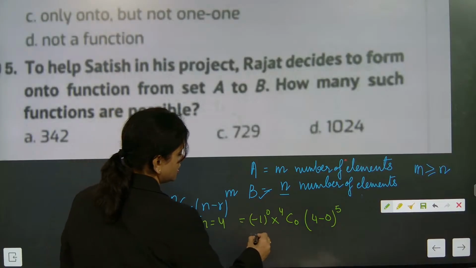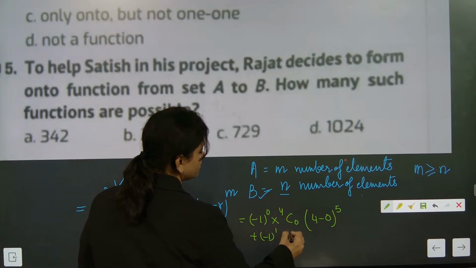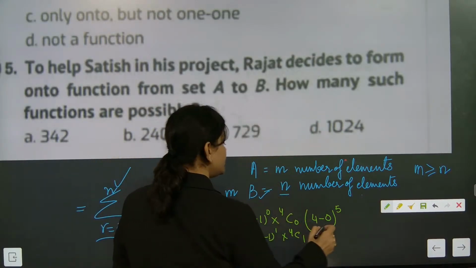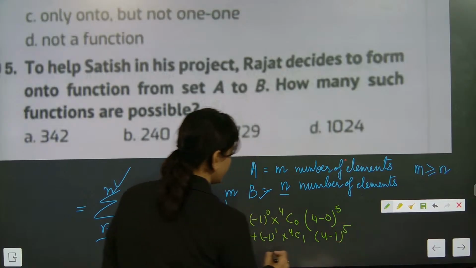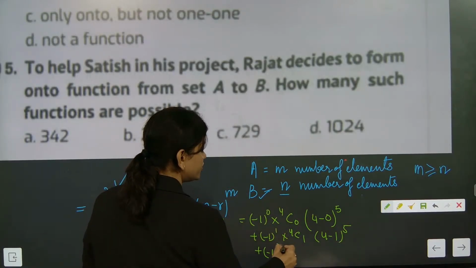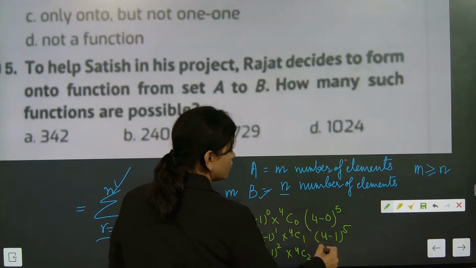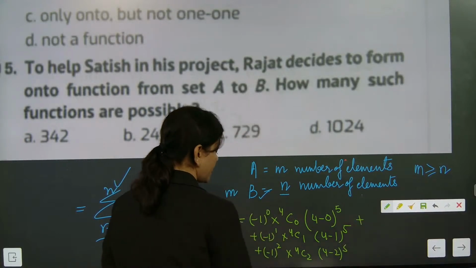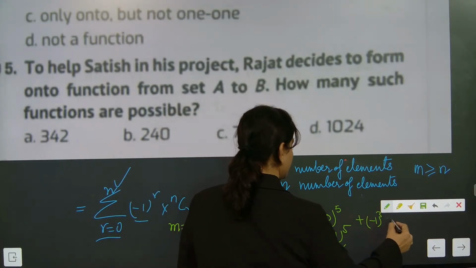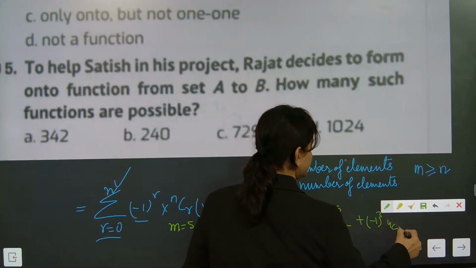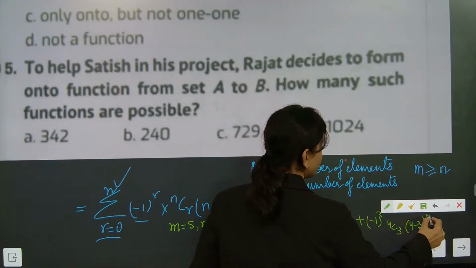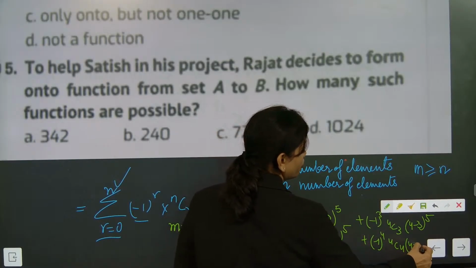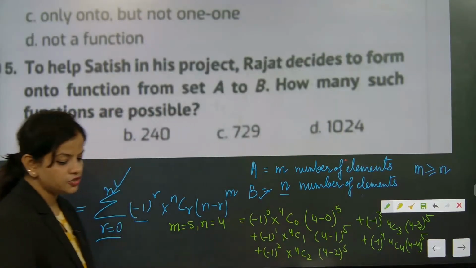This is first, plus minus 1 to the power 1 into 4C1, 4 minus 1 to the power 5, plus minus 1 to the power 2 into 4C2, 4 minus 2 to the power 5, plus minus 1 to the power 3, 4C3, 4 minus 3 to the power 5, plus minus 1 to the power 4, 4C4, 4 minus 4 to the power 5. Like this we have to solve it.